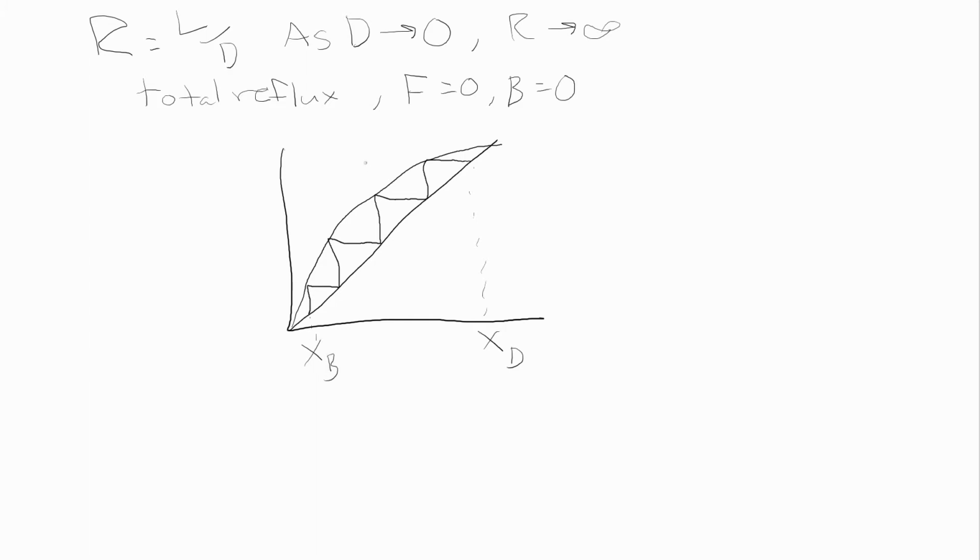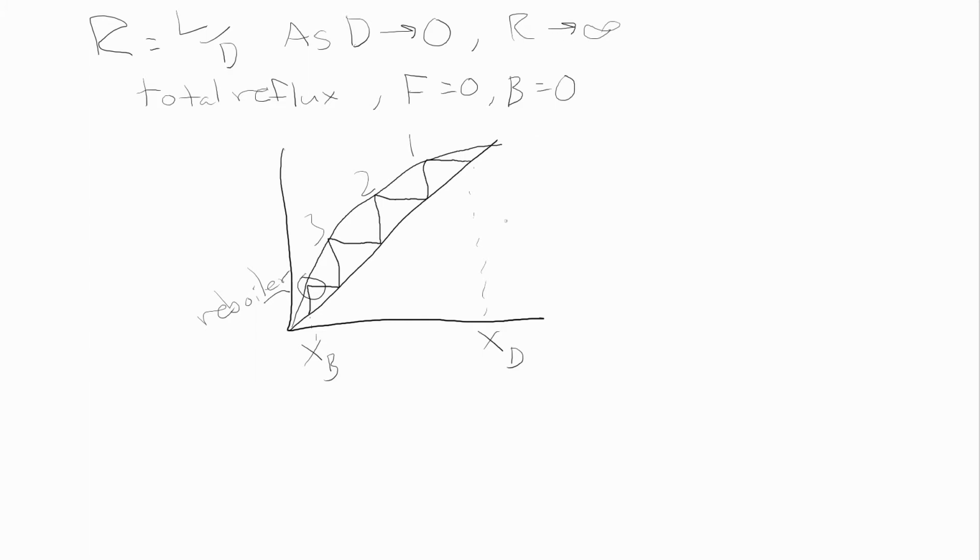So here we have the reboiler, and 3 stages on the column in, I'm sorry, 3 stages on the column in infinite reflux conditions, total reflux.